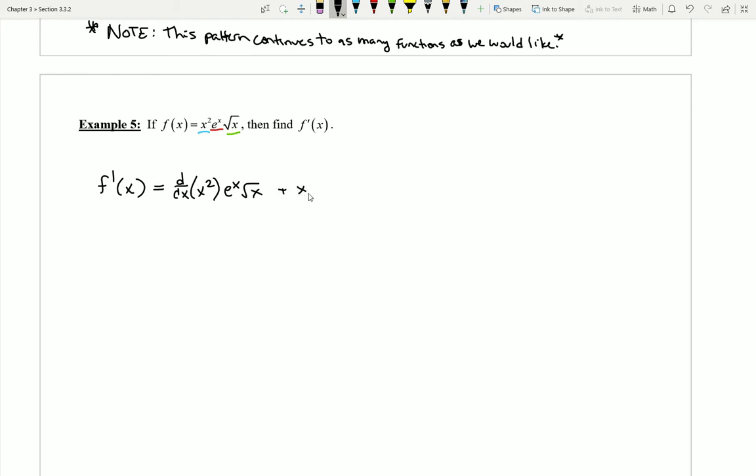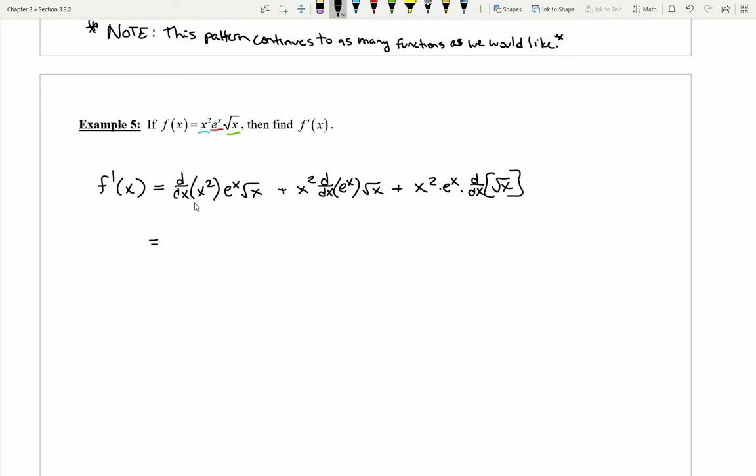Then I'll just slowly shift. Now I'll take the derivative of the e to the x stuff and I'll leave all the other stuff alone. And then I'll finally leave the first two pieces alone and take the derivative of the square root of x. Done. All right, so if I can crunch out all these things, I'm good to go.